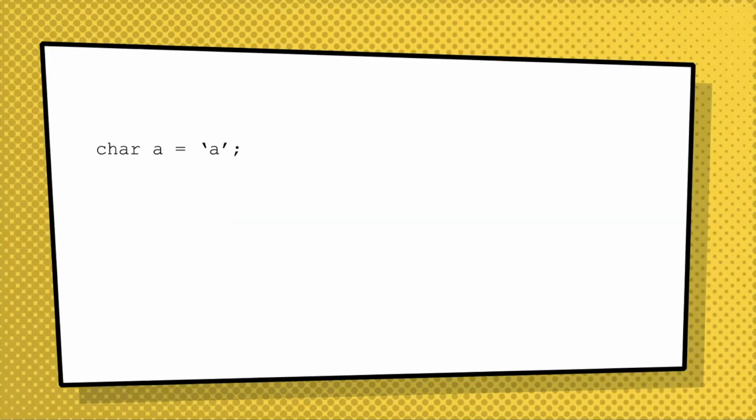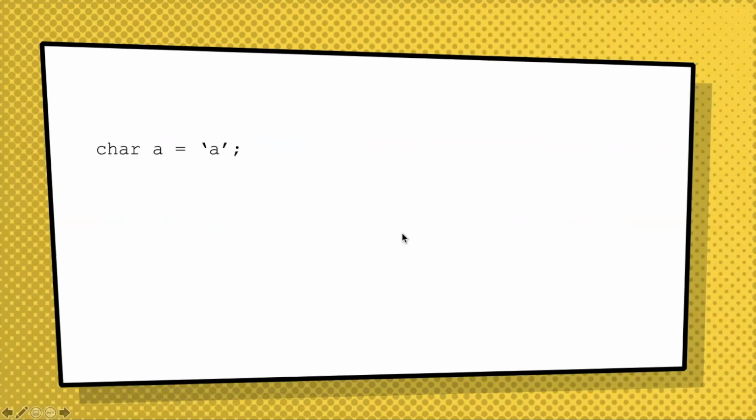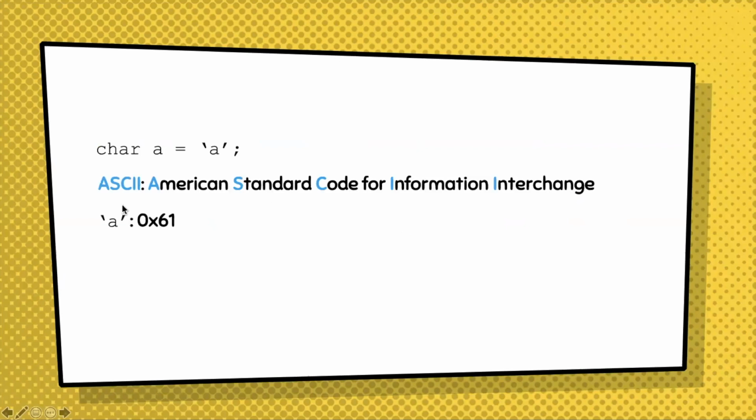All right, and then we talked about characters. I want to show you that characters are different from the number we have shown here. According to ASCII, to represent the character A, we use one single byte, which is hex 61.